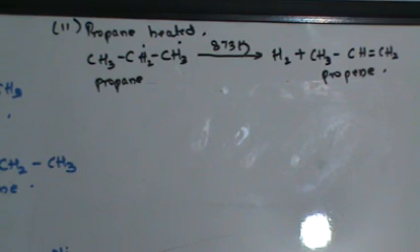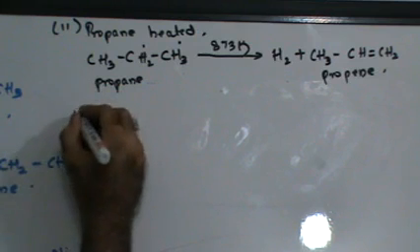Now, this kind of pyrolysis is called dehydrogenation. In this, what am I doing? I am removing hydrogen atom, right? So when you have pyrolysis, you can have pyrolysis by means of dehydrogenation, or you could also have pyrolysis by means of a rupture.